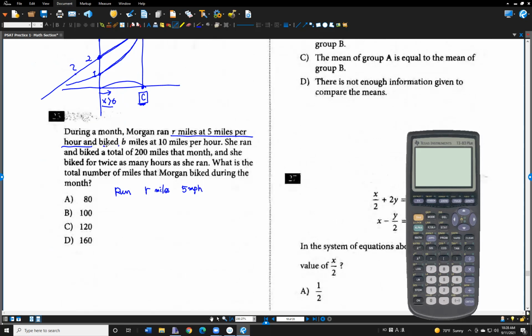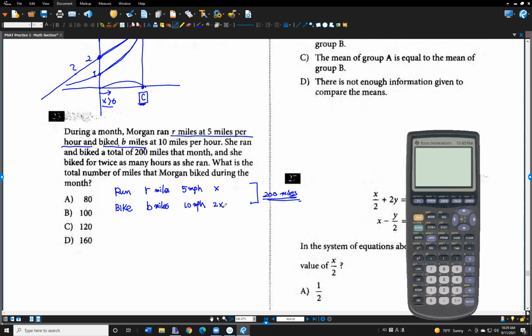The next one is biking, B miles, at 10 miles per hour or faster, okay? The total of running and biking is 200 miles. Almost the same kind of question. She biked twice as many hours as she ran. She ran X hours, so she biked 2X hours. You can write it this way.